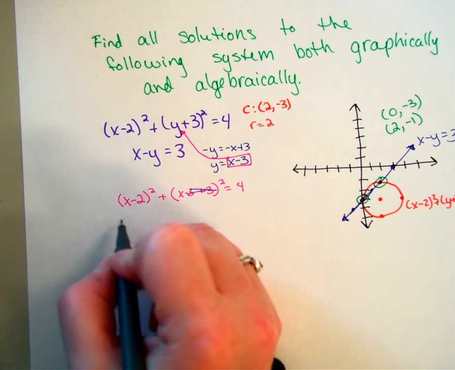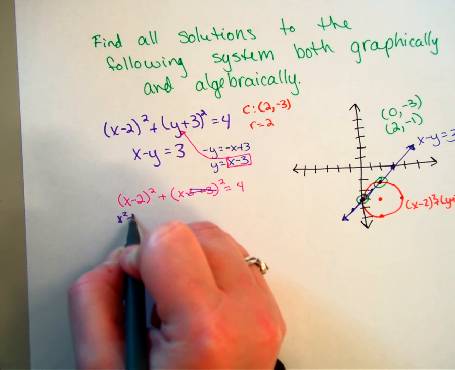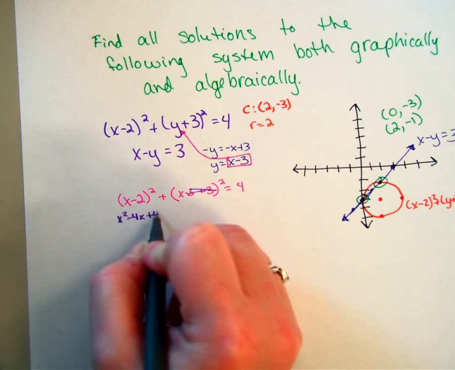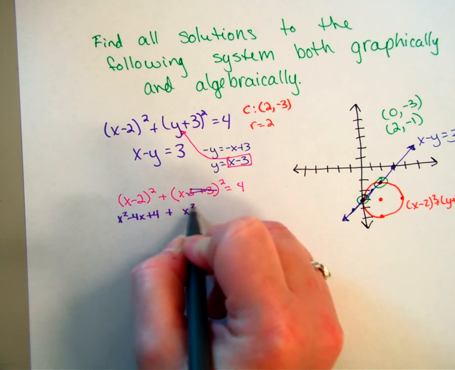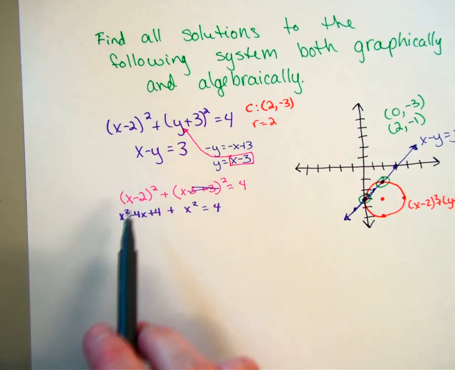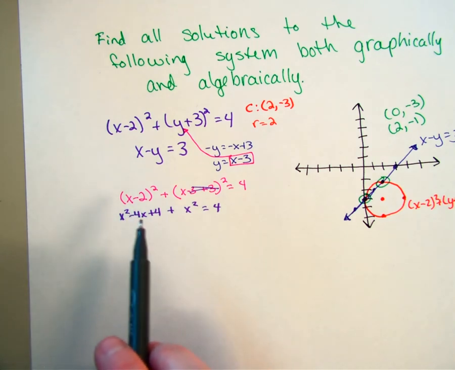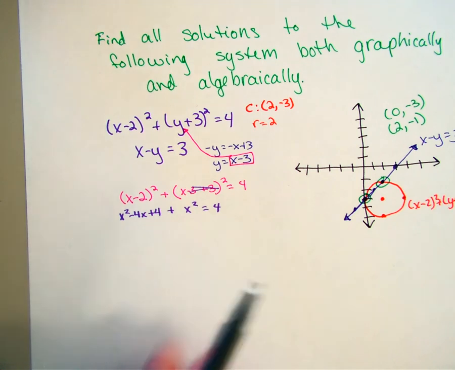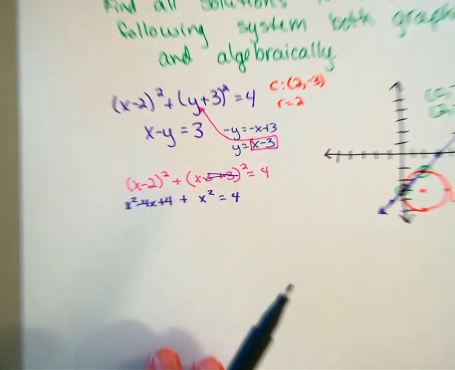So x minus 2, squaring that gives me x squared minus 4x plus 4 plus x squared equals 4. So again, I multiplied this out. Remember, it's x minus 2 times x minus 2, which is why I ended up with a trinomial here.